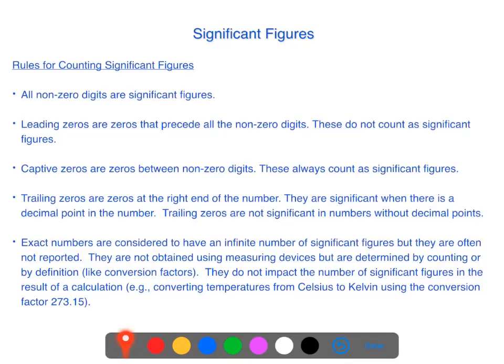For example, when you're converting temperatures from Celsius to the Kelvin scale using a conversion factor, this conversion factor can neither add or subtract the number of significant figures from your experimental result. So let's look at some examples.